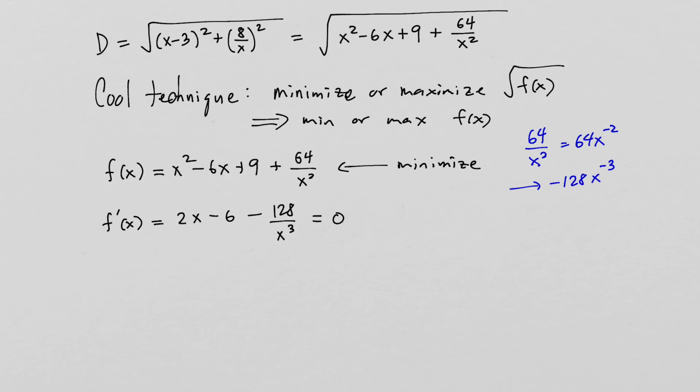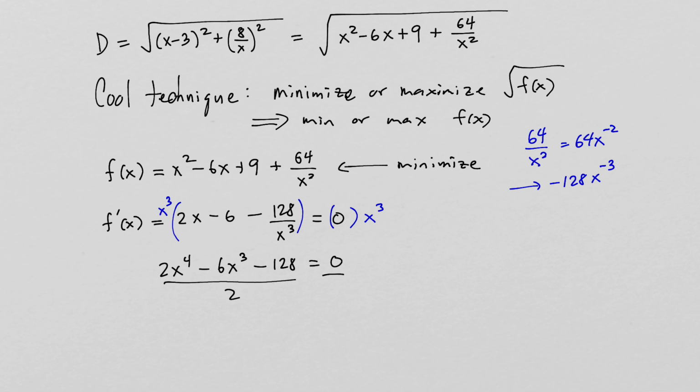Now, to solve this equation, what I'm going to do actually is multiply both sides by x cubed. So x cubed times 2x is 2x to the fourth, minus 6 times x cubed is 6x cubed. And then when you multiply x cubed times this, you just get negative 128. That's the whole reason we did it. And then 0 times x cubed is 0. And then I can divide both sides by 2.